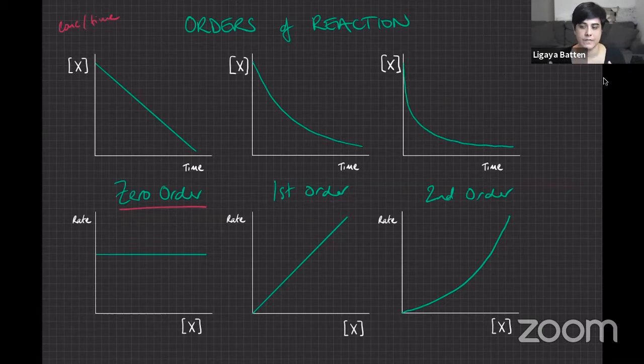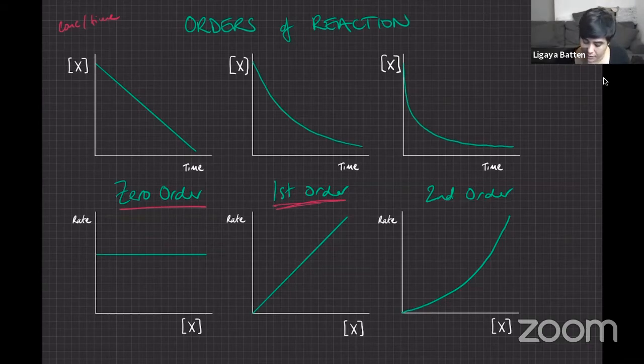As the concentration of X is reducing, the rate of reaction is decreasing. And if this is happening proportionally, then we can say that reaction is first order. What this means is if you double the amount of X, then the rate will also double. It's a proportional relationship between that reactant and the rate of reaction.